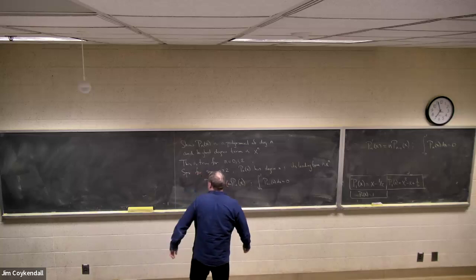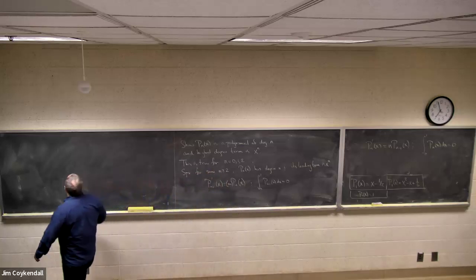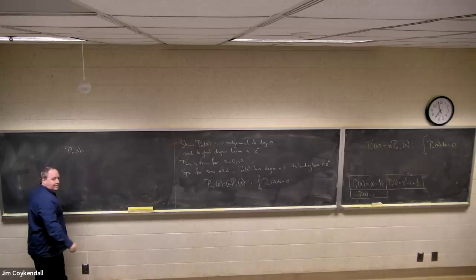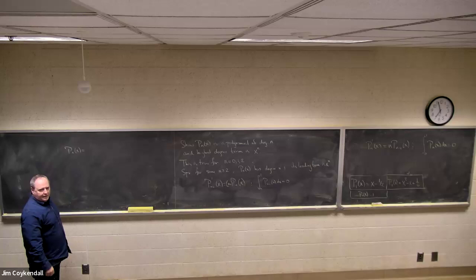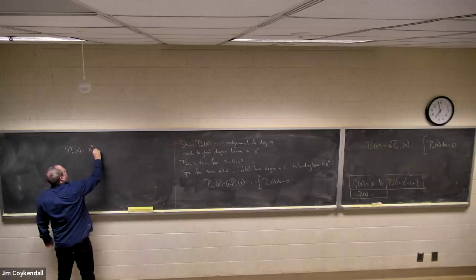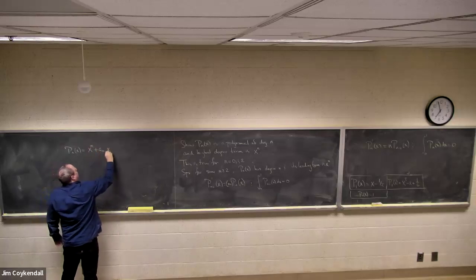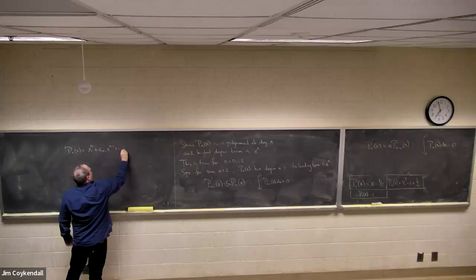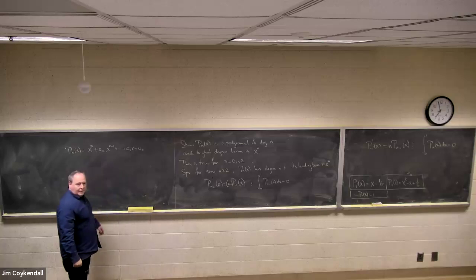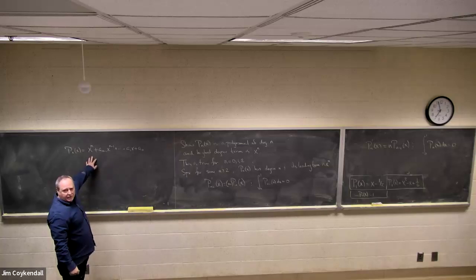Well, I guess to really do this, what does Pn(x) imply? A_n x^n and so on. But by induction, I can do better. I don't know what these coefficients are, but I've got everything that I need.